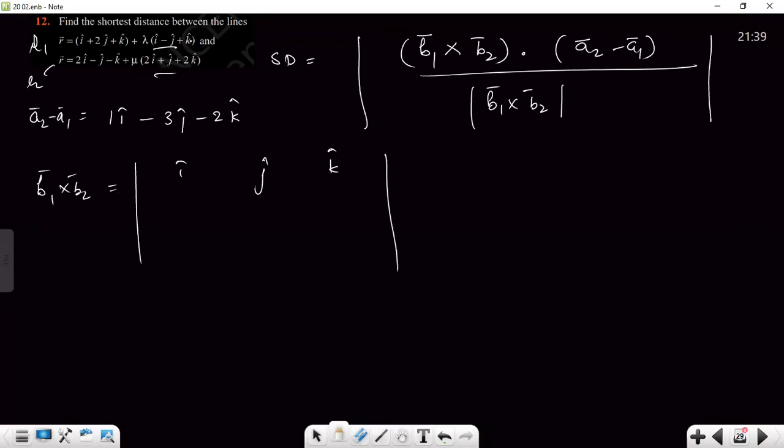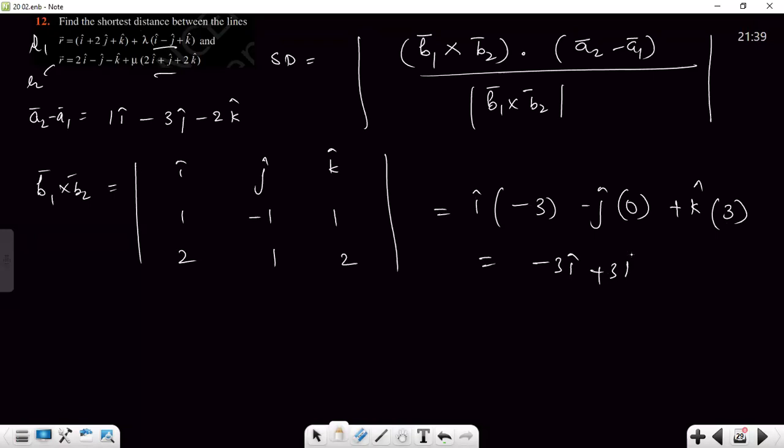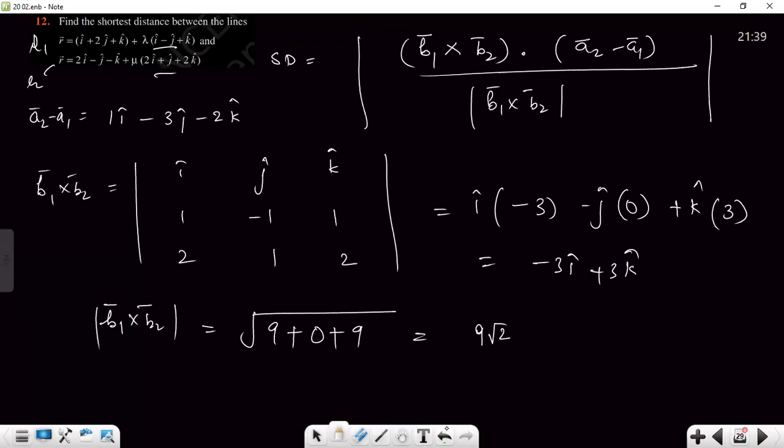B1 vector is i minus j plus k. B2 is 2i plus j plus 2k. Working it out gives minus 3i cap plus 0j plus 3k cap. The magnitude is the square root of 9 plus 0 plus 9, which is the square root of 18, that is 3 root 2. Clear?